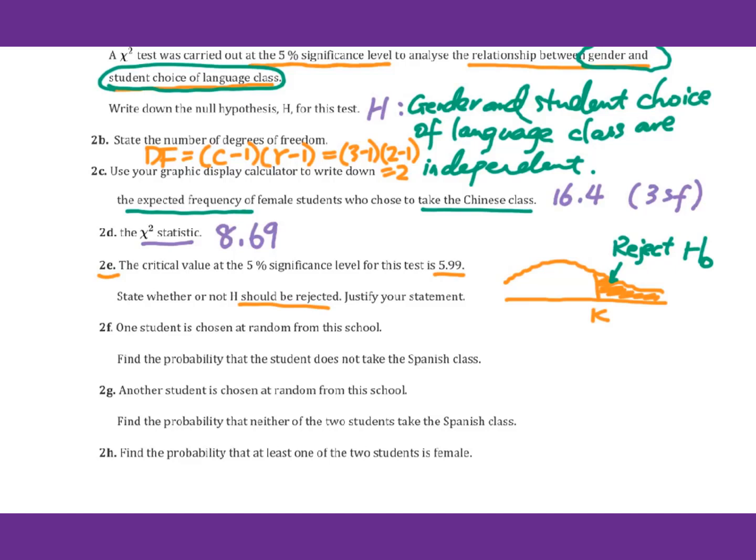Since your chi-square is 8.69, that means it will be greater than this K, which means this 8.69 will fall in over here into this shaded region, rejection region. Therefore, this H is rejected.